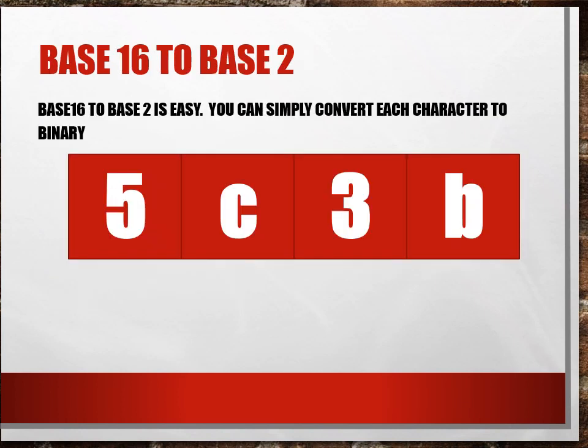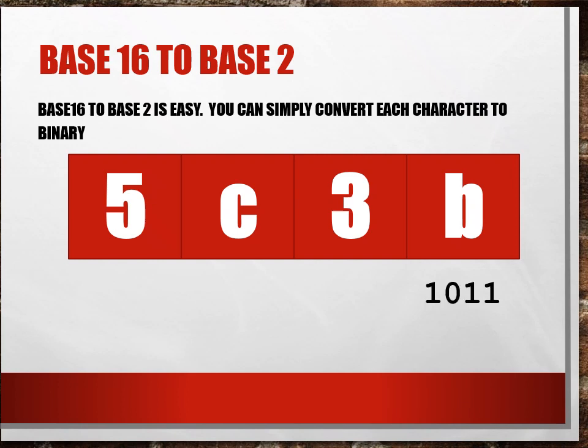So let's look at a shortcut for how we can convert base 16 into base 2 quite easily. Now I can only do this because they're both powers of 2. I can't do a shortcut like this to convert between base 16 and base 10, or base 16 and base 15, or any of the other things that are not powers of 2. But because these are both powers of 2, I can use a trick.